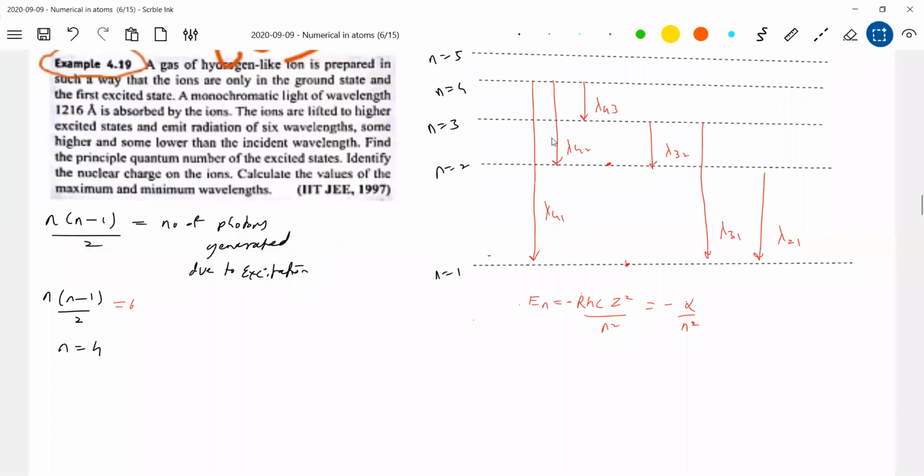Okay, now let's come to this one. From where to where will it make a transition? From n equal to 2 to n equal to 4. Not a photon, the atom will make a transition after absorbing the photon.